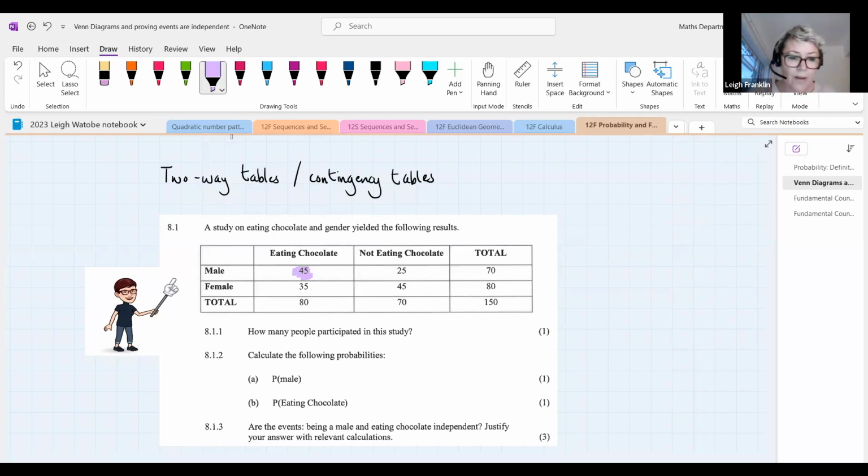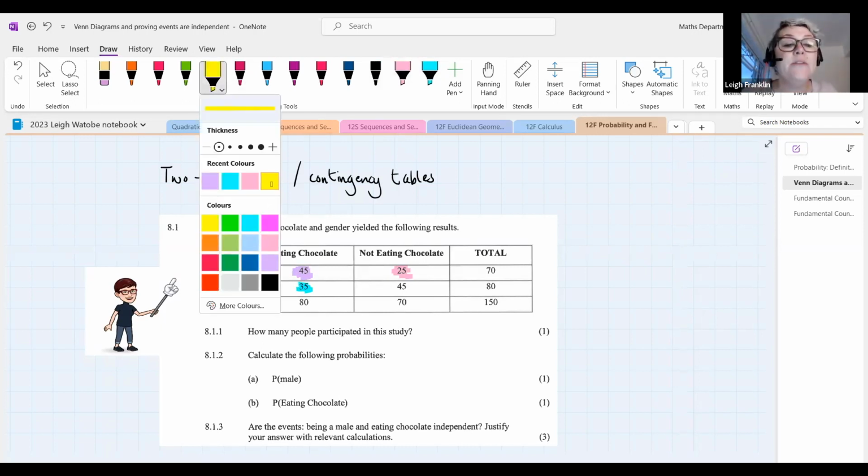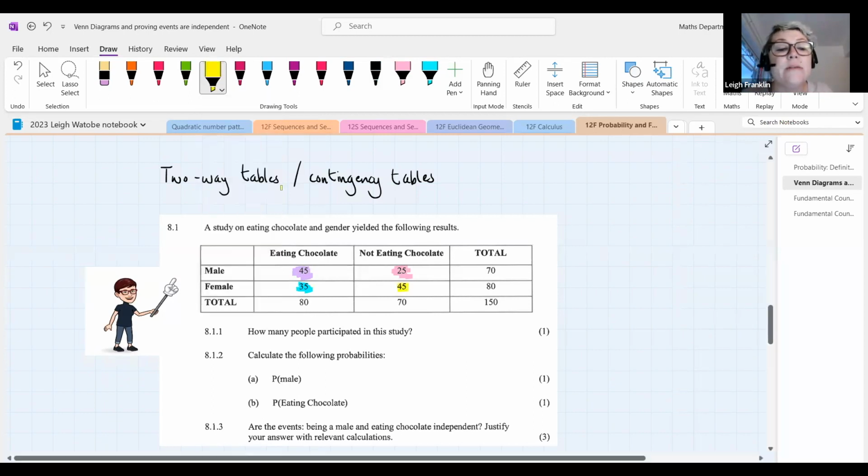The purple one is male and chocolate. The next one, male and does not eat chocolate. That's the pink. The turquoise is female and eats chocolate. And the yellow is female and does not eat chocolate.